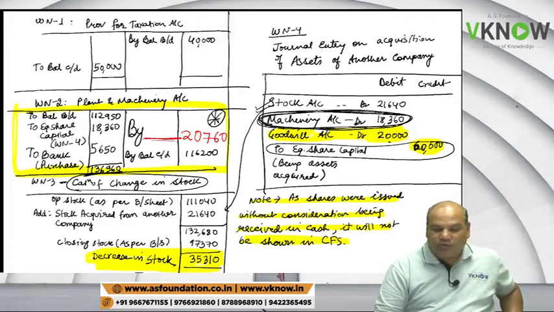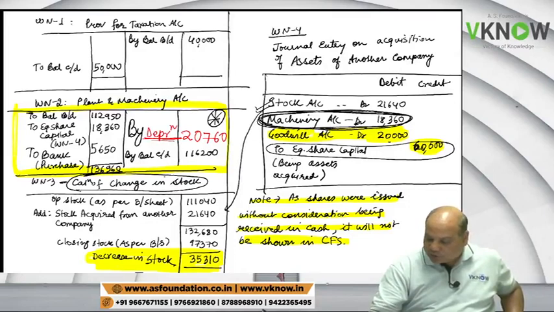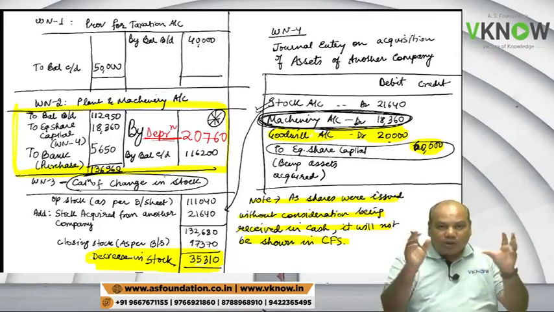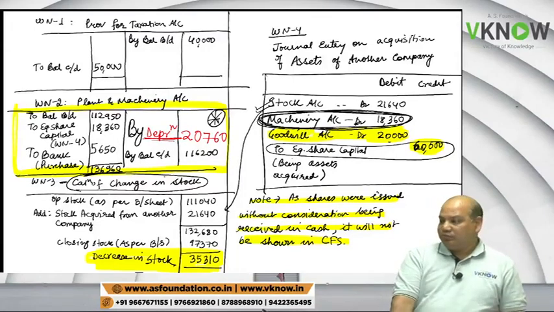Now what should I write here? Should I write sale or should I write depreciation? Again, the same problem. The difference can be either sale or depreciation. So we will assume depreciation, like we have assumed in case of building. At least some depreciation they will charge.